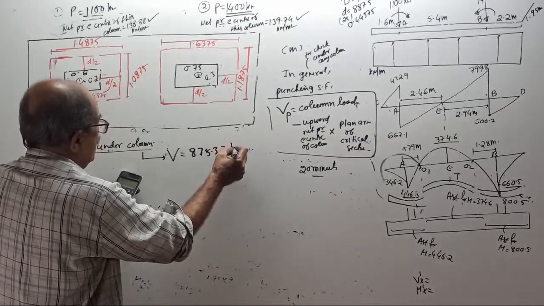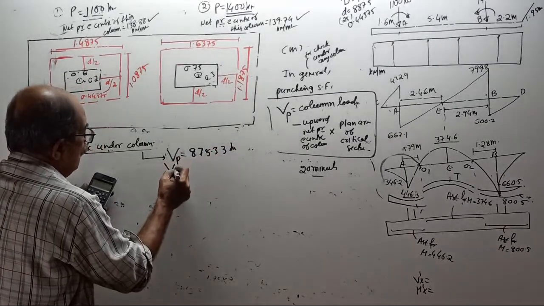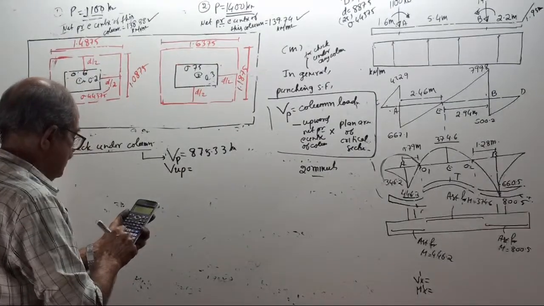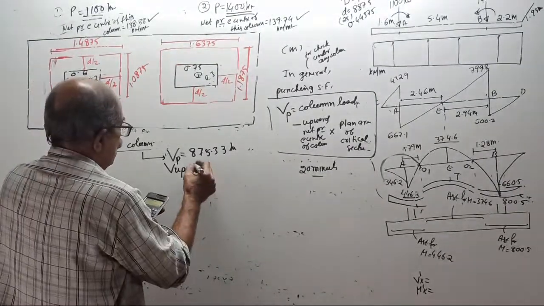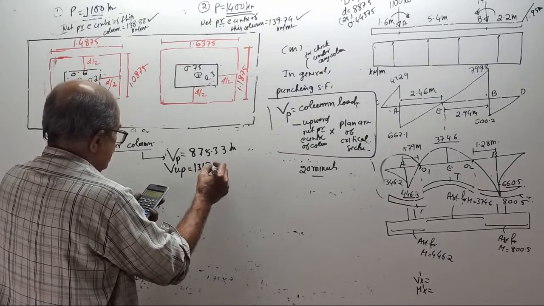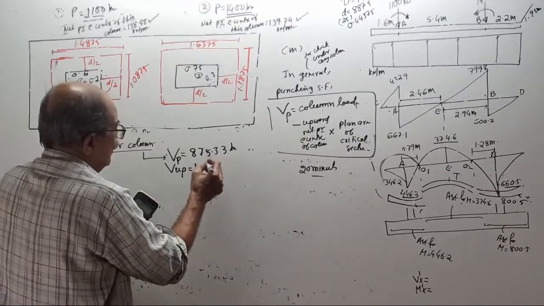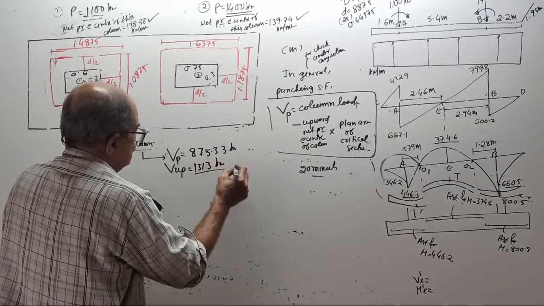VP is 875.33 kilonewton. VUP is 1313 kilonewton.